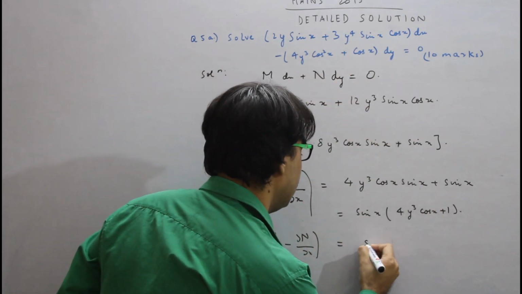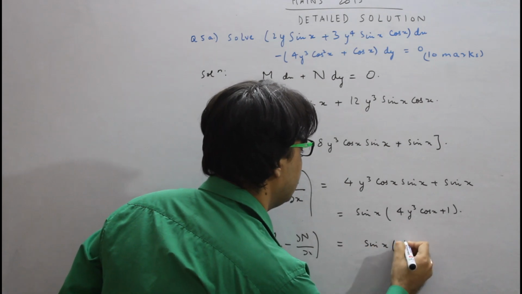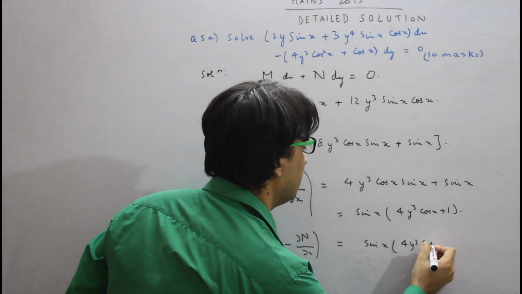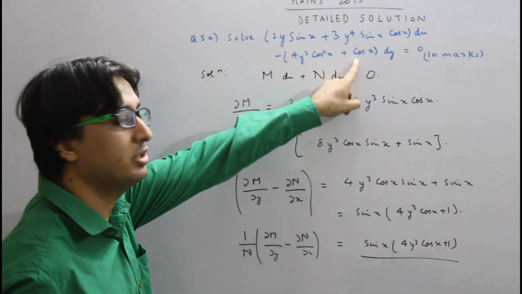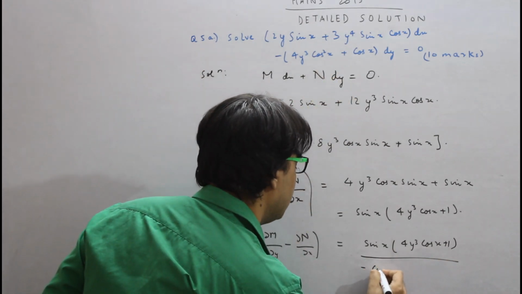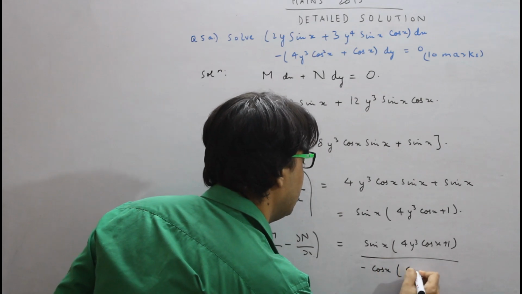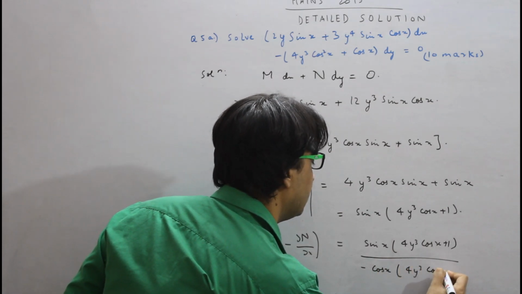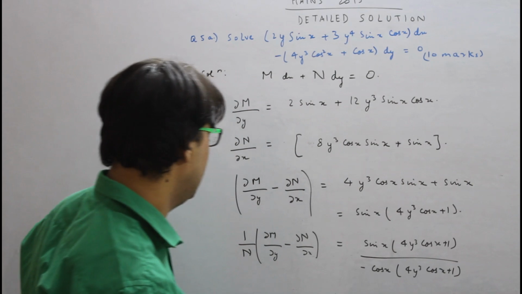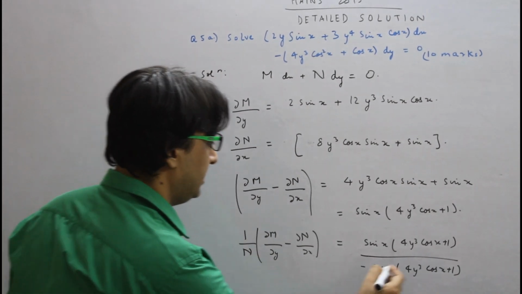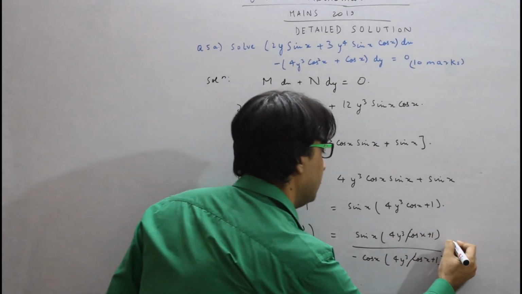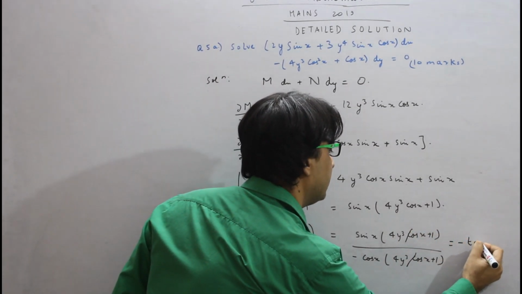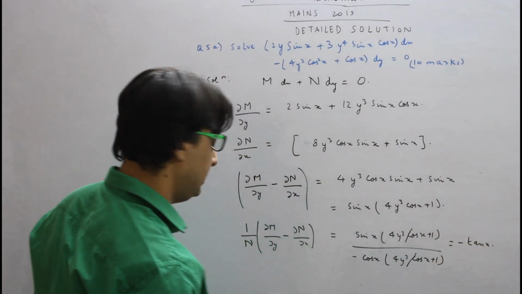So this becomes sin x (4y^3 cos x + 1), and from here, taking minus cos outside, this becomes (4y^3 cos x + 1). So we have got our value, which is minus tan x.